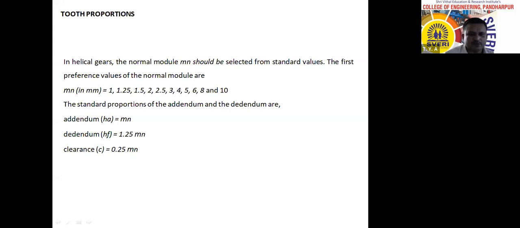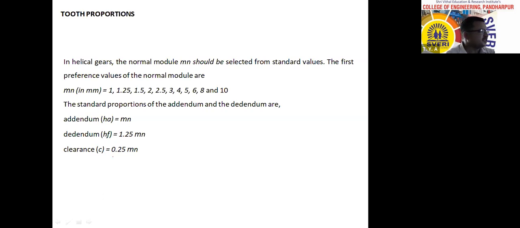Therefore, the standard proportions of the addendum and dedendum are: write down addendum HA is equal to Mn. Dedendum HF is equal to 1.25 Mn. Clearance C is equal to 0.25 Mn. How?